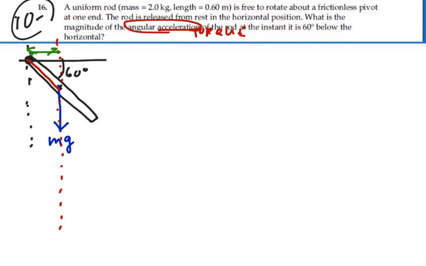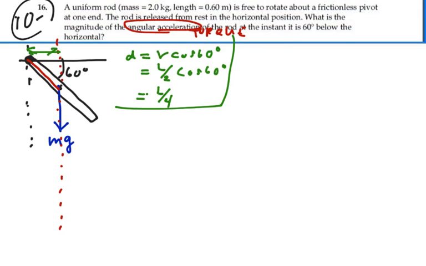So that distance, d, is going to equal r cosine 60, where r is equal to L divided by 2. Cosine of 60 is 1/2, so this distance d is going to equal L divided by 4.